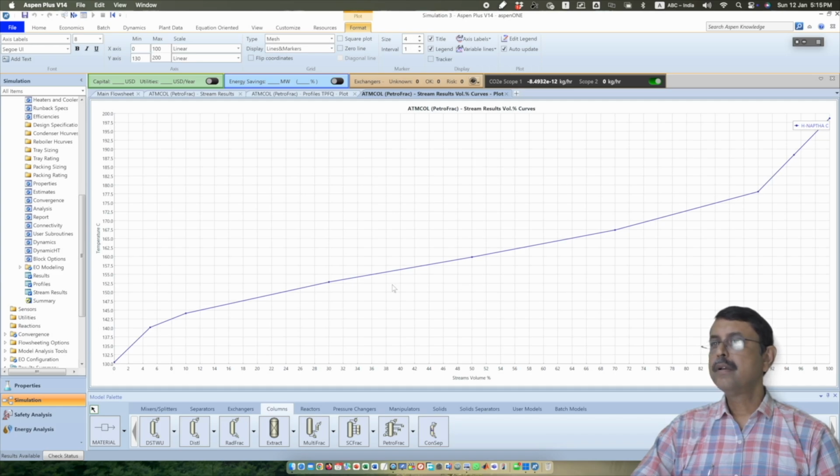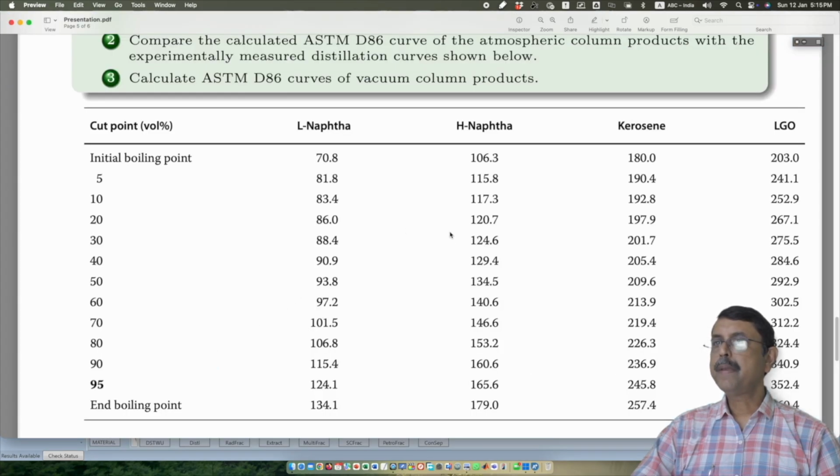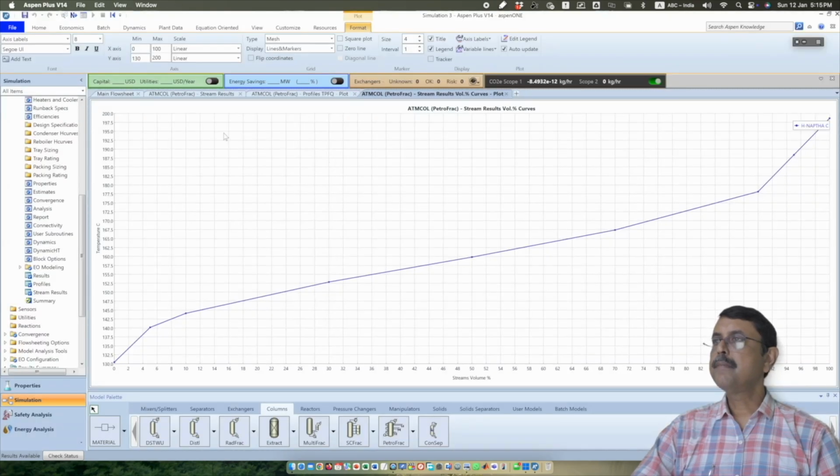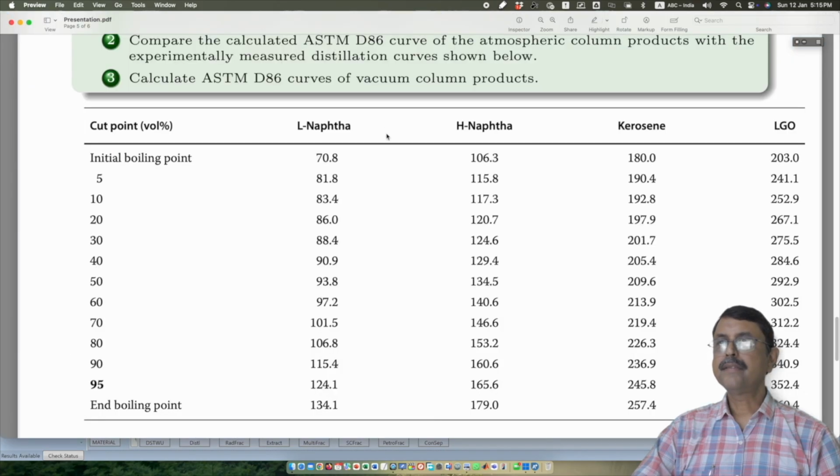So if you compare, I think the ASTM D86 curve calculated by Aspen Plus is not entirely matching with the experimental data. Obviously, because we have done the calculation with minimum information given to Aspen Plus. So it has done its best.